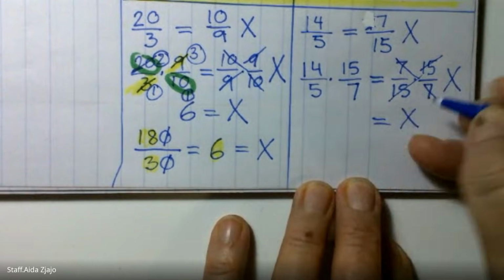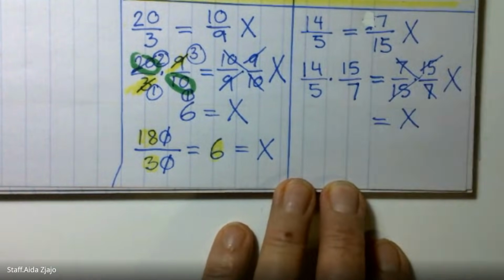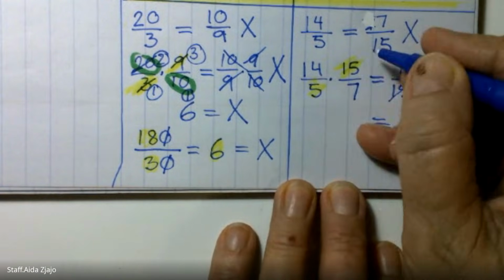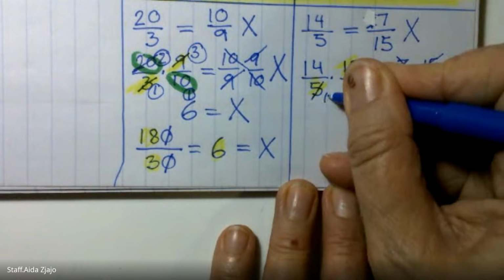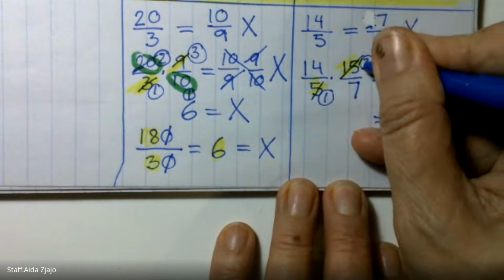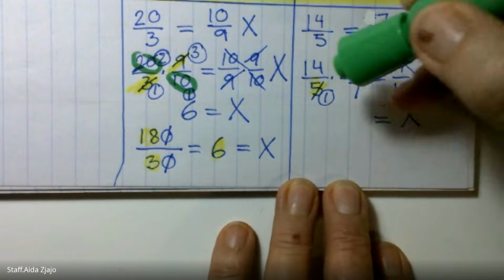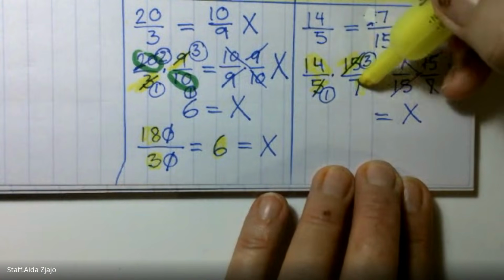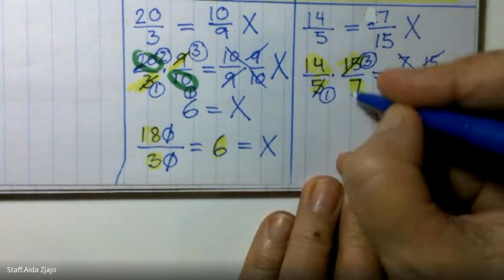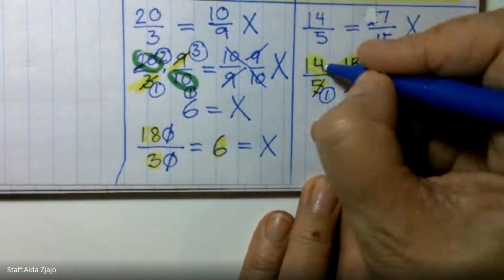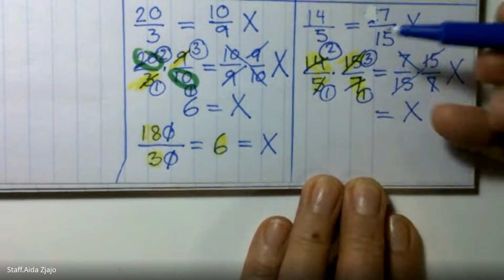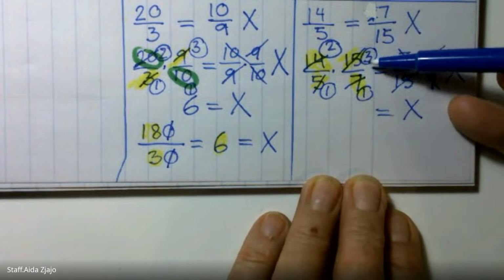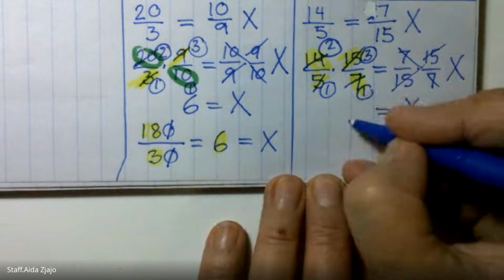This is 1, so x equals... now looking across, 5 and 15 are connected. 5 goes 3 times into 15, so divide by 5 is 1, divide by 5 is 3, and then 14 and 7 are connected. 7 goes twice into 14, so my problem changes into 2 times 3 and 1 times 1. 2 times 3 is 6. 6 divided by 1 equals 6.